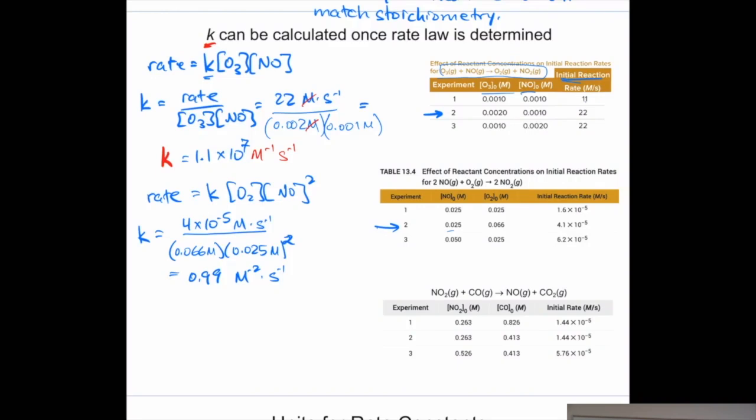Because it's the concentration of O2, which was 0.066, okay? And this is the concentration of NO, but we have to square it. So I might have calculated this with the wrong one. So what's the right one? I didn't bring my calculator with me. That's the answer I got. Is that what you got? Yeah, that was the right answer. So this is right. Okay. So I just set it up wrong.